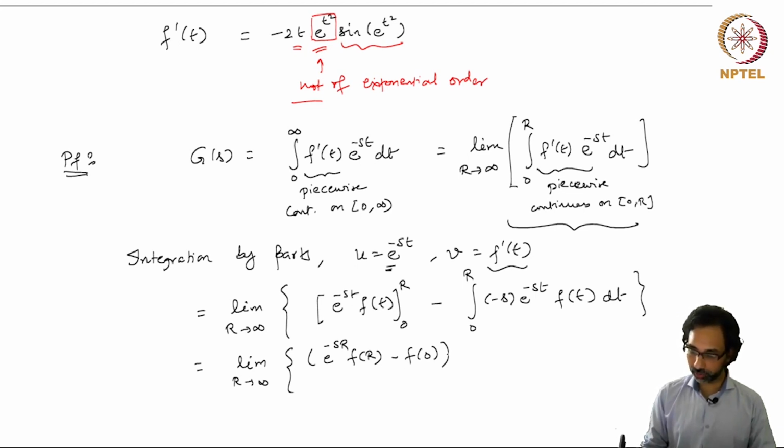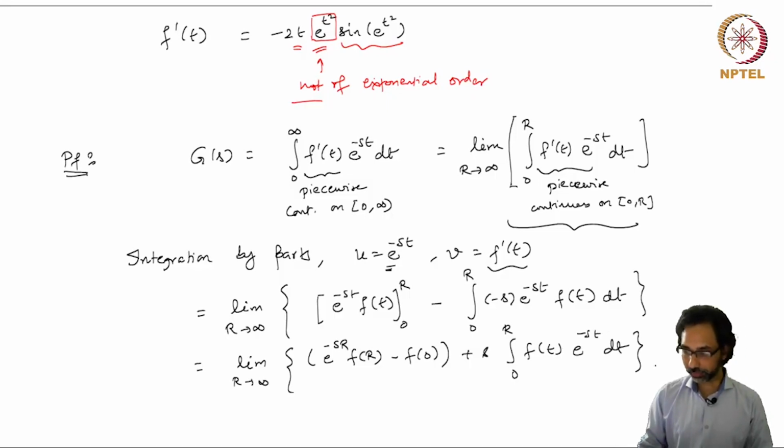So this is f(0), and then you have plus s times the integral from 0 to R of f(t) e to the power minus st dt. Now we have assumed that f is of exponential order, so therefore this limit will go to 0.